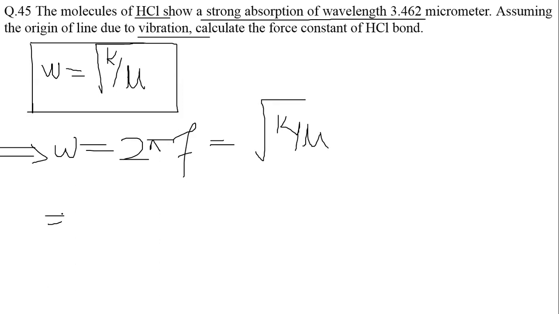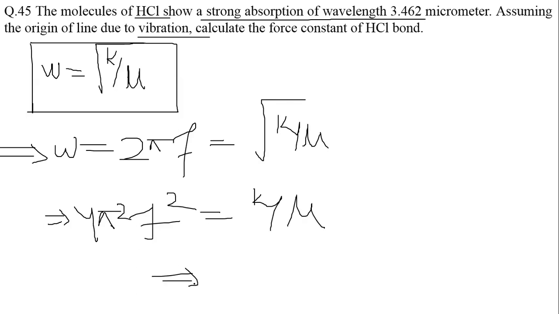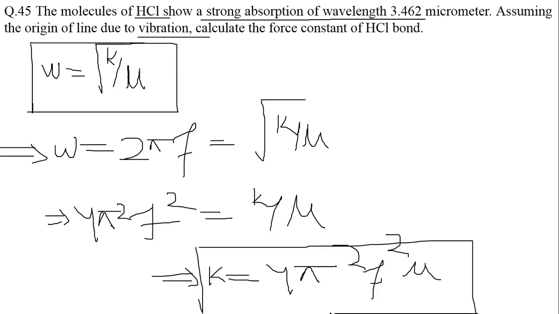So 4 pi square f square will be k by mu, and k will be 4 pi square f square mu, or 4 pi square nu square mu, and mu is the reduced mass.